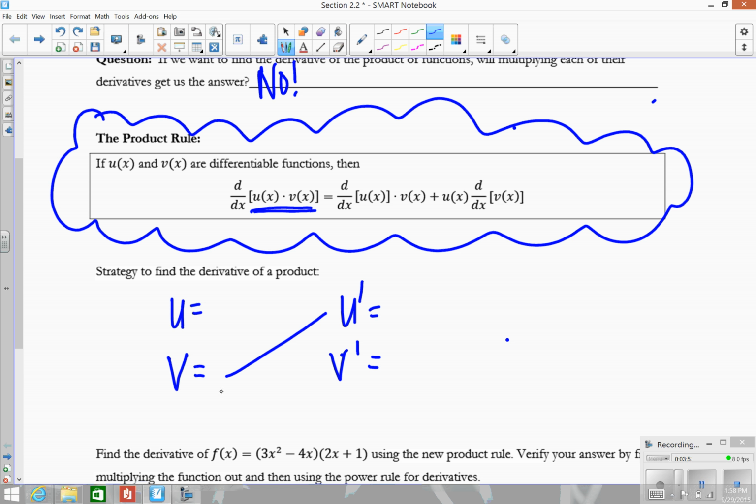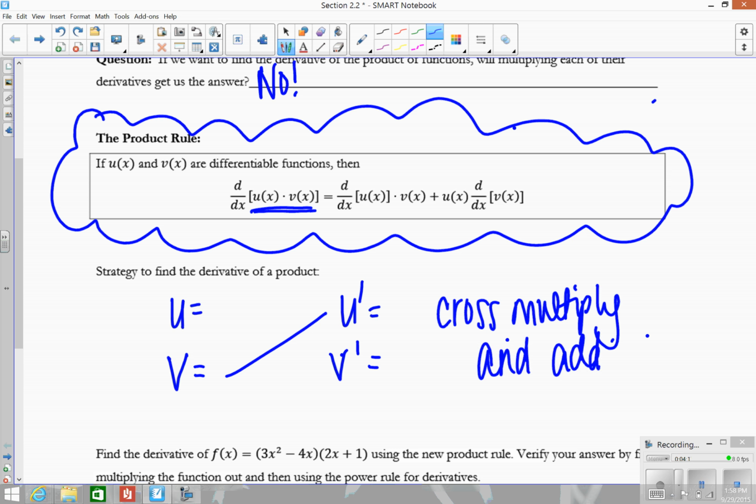I'm going to draw the arrow from bottom to top because this is going to help us later when we do the quotient rule, where you start from bottom to top. I'm going to start with that for the product rule just so that we stay consistent. So basically you cross multiply whatever you get here, and then you add those products together.